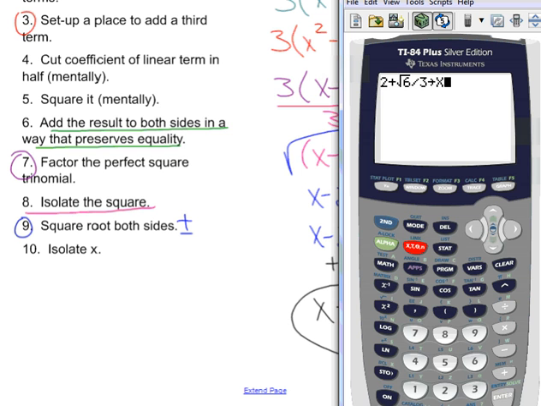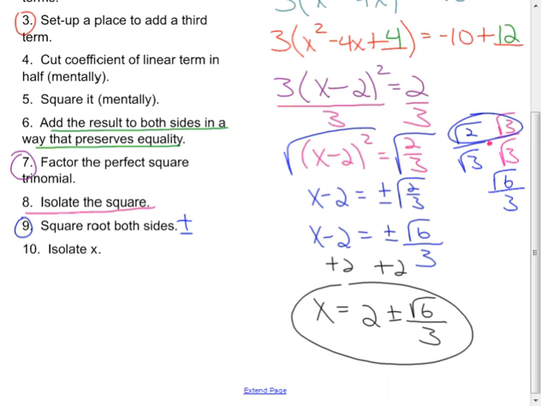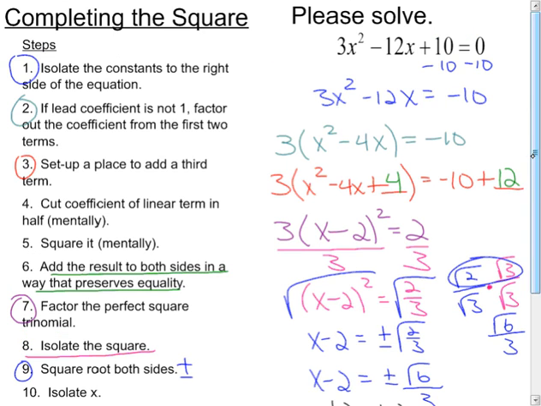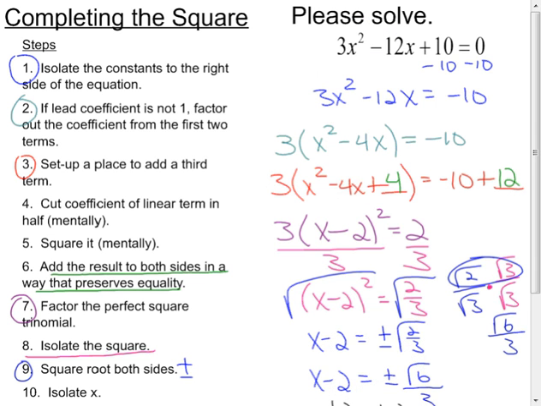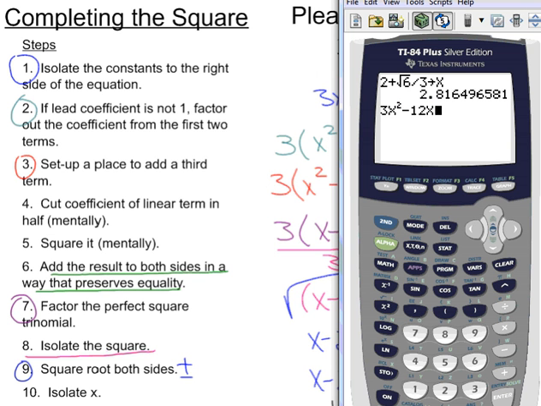Store x, right? Then I will enter the original equation, which is 3x squared minus 12x, and I believe it was plus 10. And I am very much looking forward to this being 0. And it is.